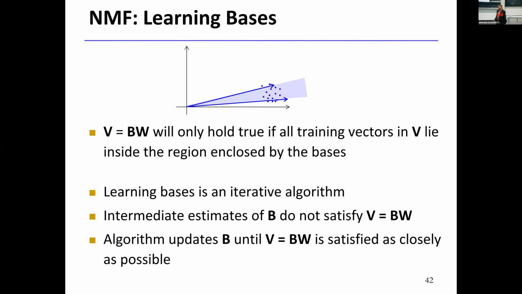You could try to optimize this using classical Lagrangian methods, or you can come up with more optimal estimators, such as those we will see. And in every case, you're going to start off with an initial estimate saying maybe the bases point this way, and then keep adjusting the bases until they enclose more and more of the training data and have less and less training error. At some point, you're only going to be leaving out the outliers, and then you're satisfied, right?